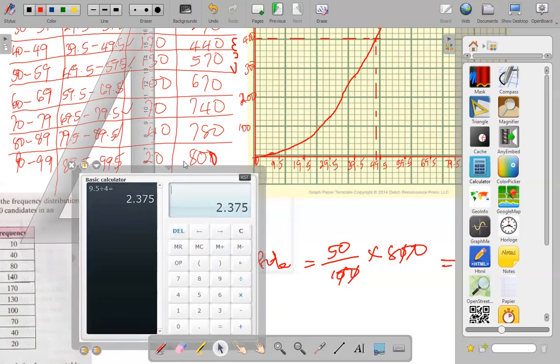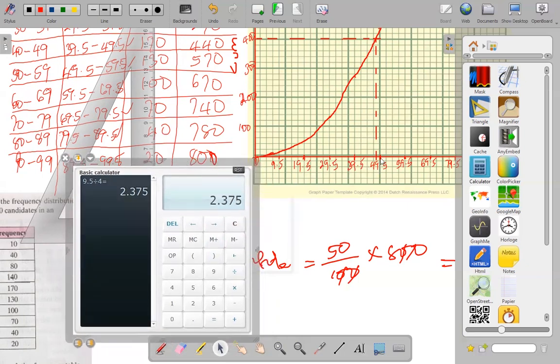Half of it, because it's divided in half, will be 2.375 divided by 2, which is 1.1875.